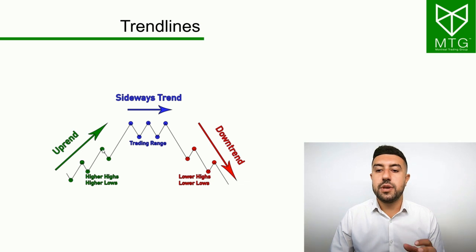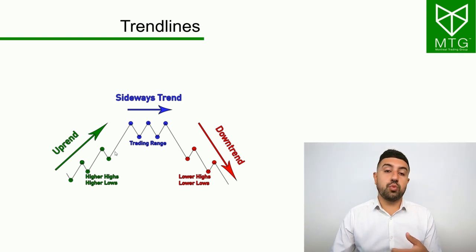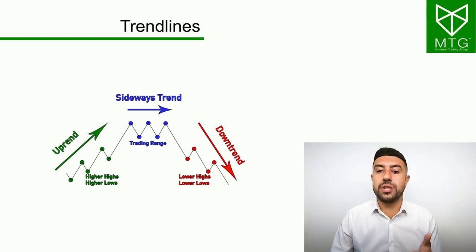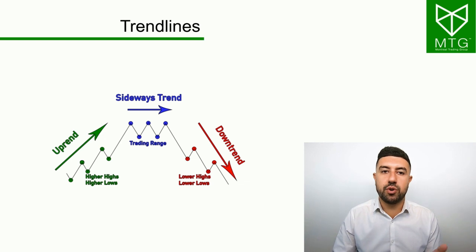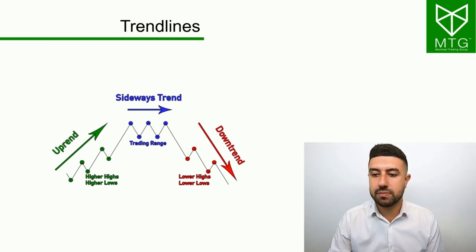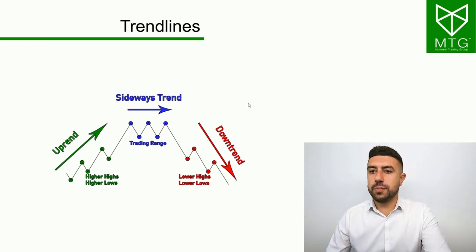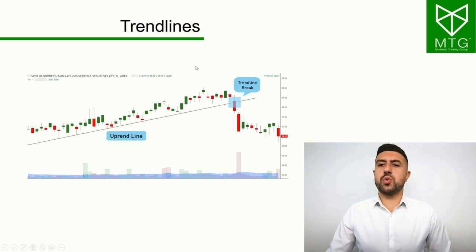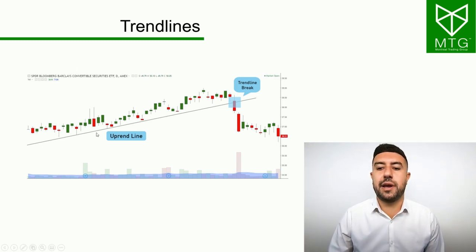And we're going to require a lot of sellers to come in to stop that momentum and for the prices to reverse. So because of this, trends are very important because they tell us the direction that we want to go in. Because we don't want to go in the opposite direction of where the cryptocurrency is going, right? That's just common sense. So when we're looking at trends, what we're usually going to do is draw a trend line.